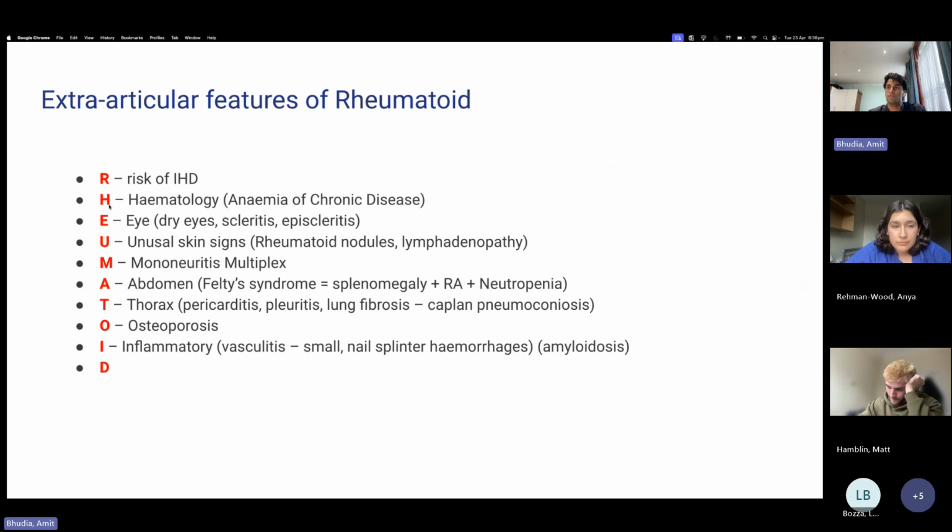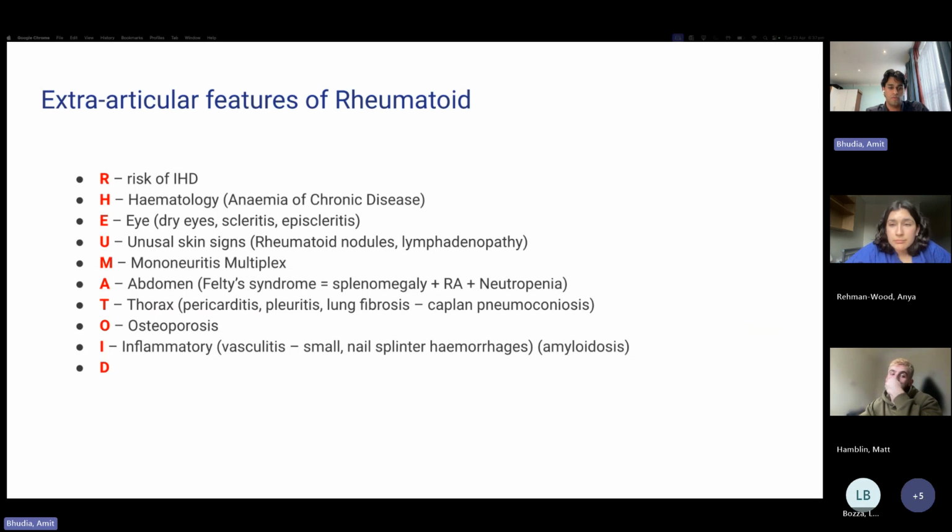And then with rheumatoid arthritis, there are a lot of extra-articular features. So if we go through these, you can get an increased risk of cardiovascular disease. You can get hematological symptoms, so anemia of chronic disease. And I think an important one to remember is what can happen with your eyes. So you get really dry eyes, you can get scleritis, you can get episcleritis.